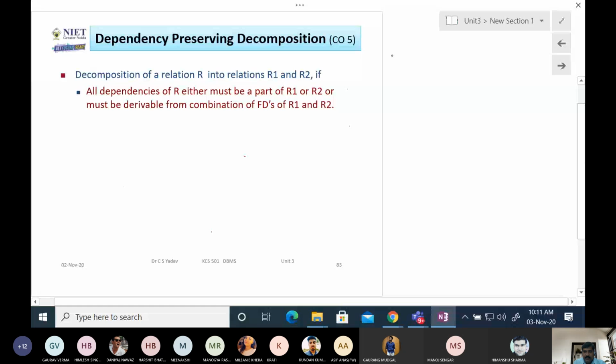There is a relation R and attributes are X, Y, W, Z, P, Q, and we decompose this relation into R1 and R2.